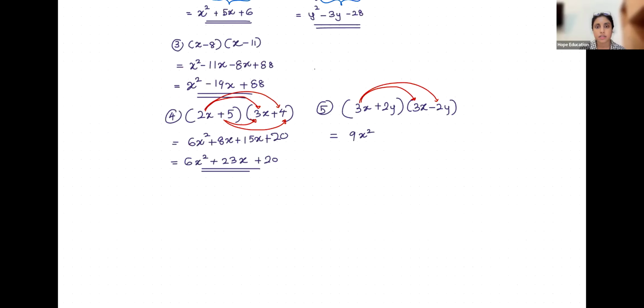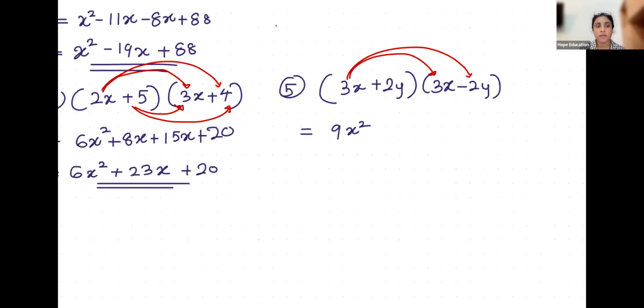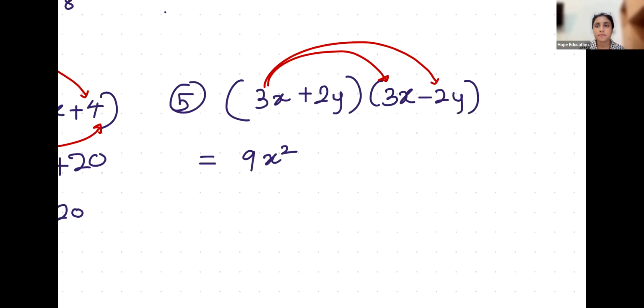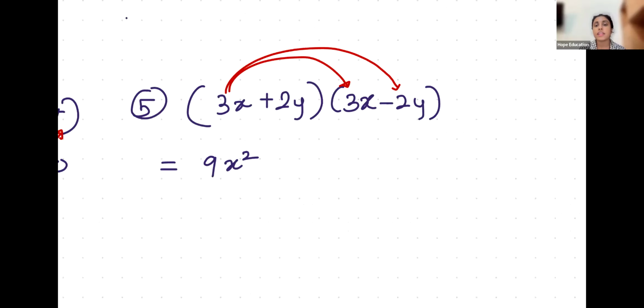X times y is xy. Here this is plus and this is minus. So plus times minus, answer is minus. Then 2y times 3x. 2 times 3 is 6.